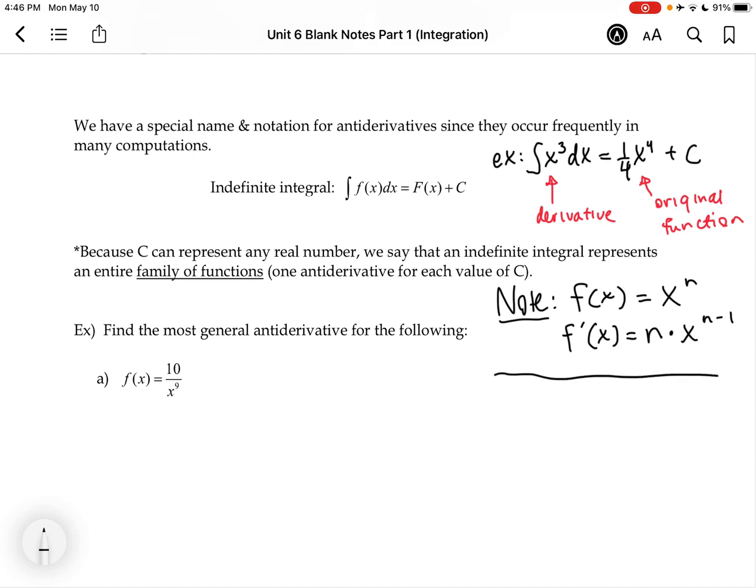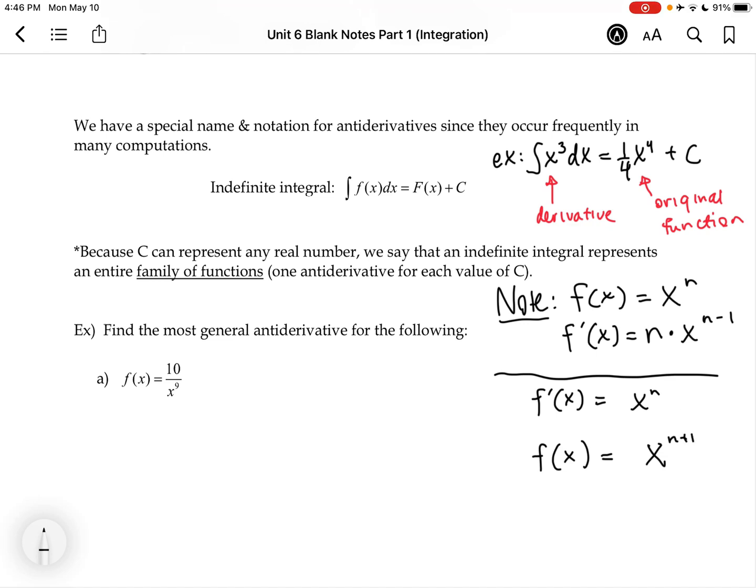But if we start with f prime of x equals x to the n, and we want to go the other way, well then f of x, as we just saw above, the n has to now become n plus 1, because the exponent on the original function is always 1 more than the exponent on the derivative. So the exponent's going to be n plus 1.